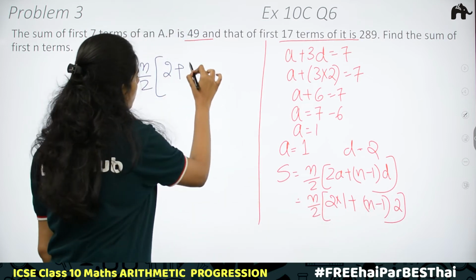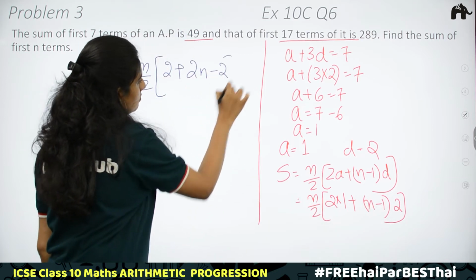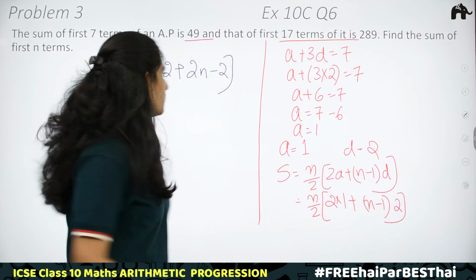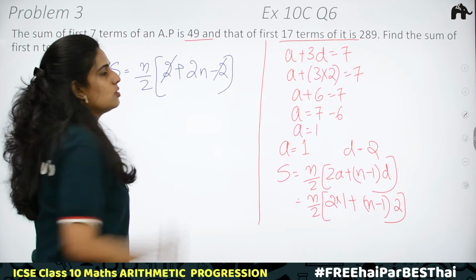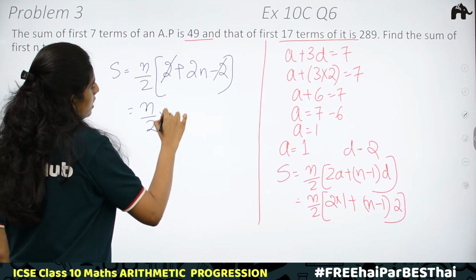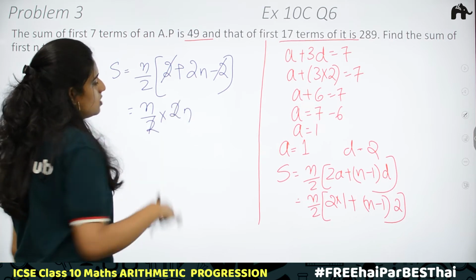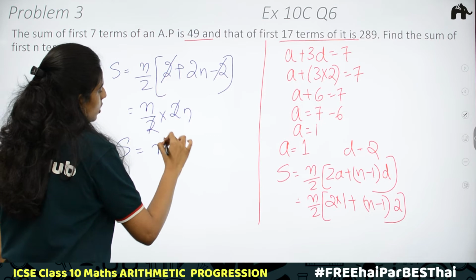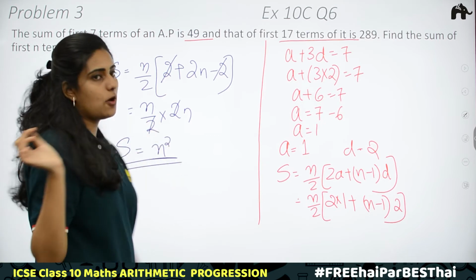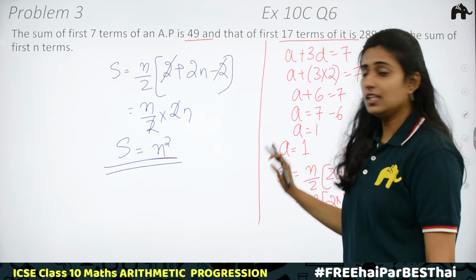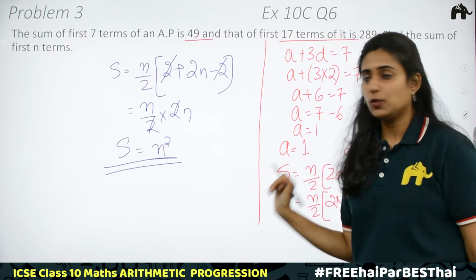Distributing, we get 2n minus 2. Yes, n into 2 is 2n, 1 into 2 is 2. 2 and minus 2 can be removed. Then what is there? We have n by 2 into 2n. This 2 and this 2 can be cancelled. Therefore, the sum of n terms is equal to n into n, n square.